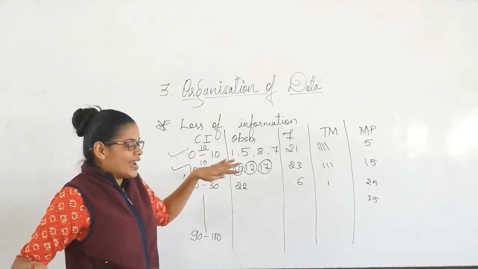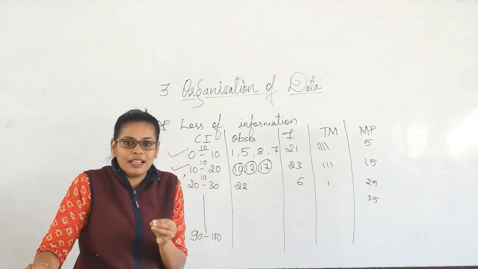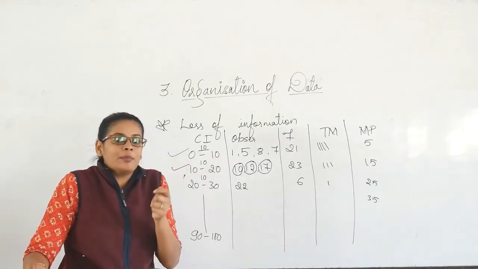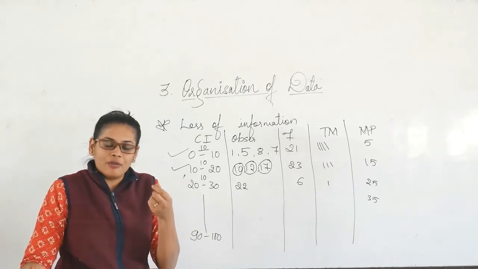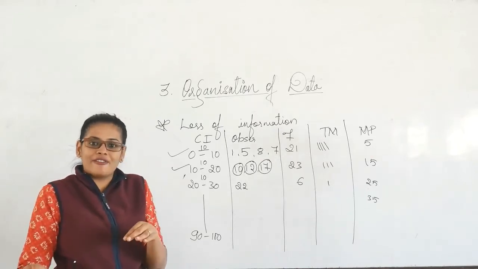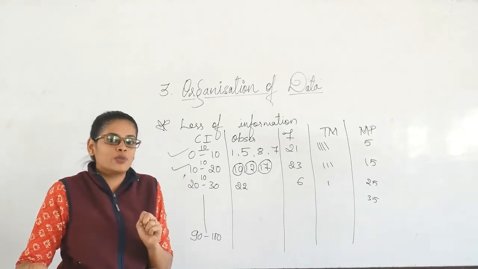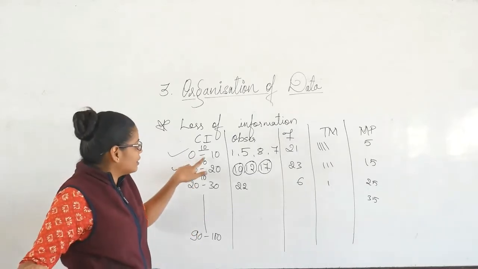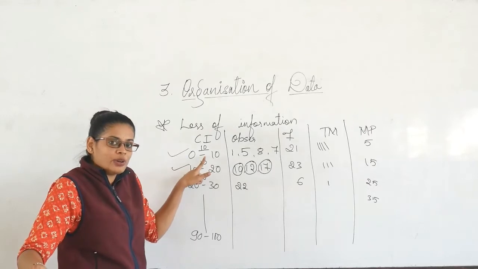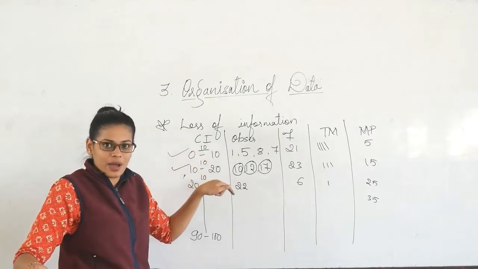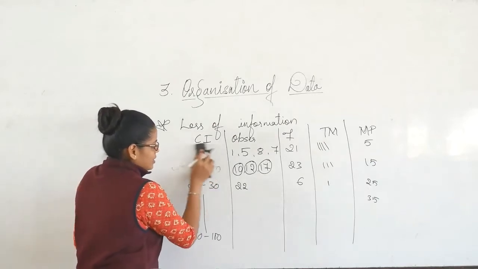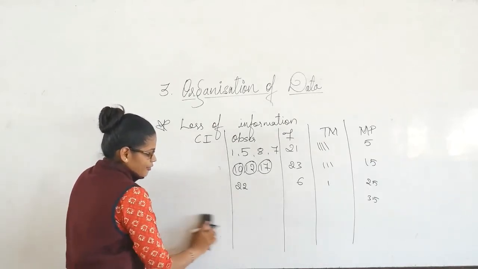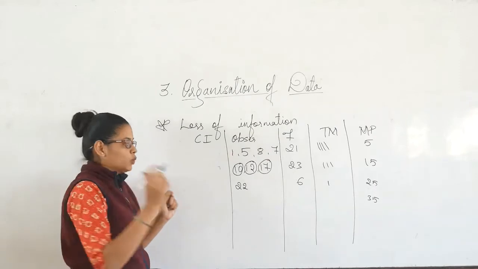So, for somebody who is looking into your data and wants to understand how many students have scored less than 5 or more than 5, it becomes very easy if we don't keep 10 as the class interval. So what we will do is, instead of that, we will divide the class interval into 2.